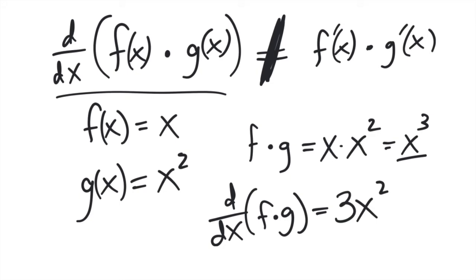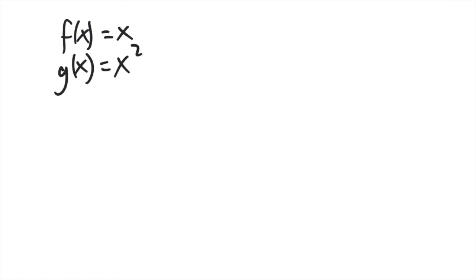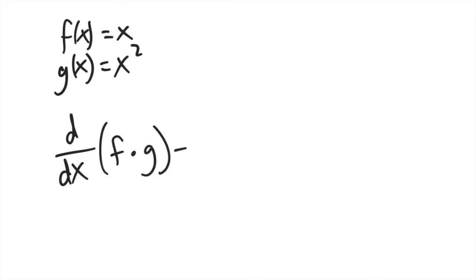Let me pull up a new whiteboard page here. So we're saying that if f of x is equal to x and g of x is equal to x squared, then the derivative of their product, the derivative of f times g, is equal to 3x squared.